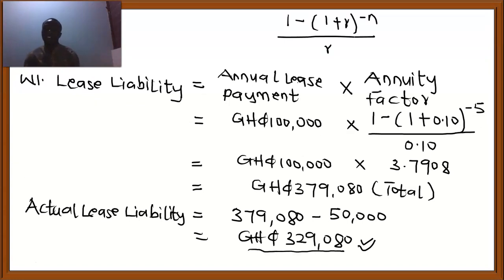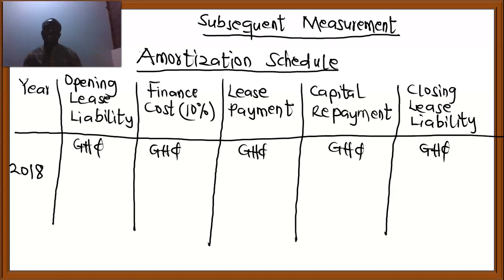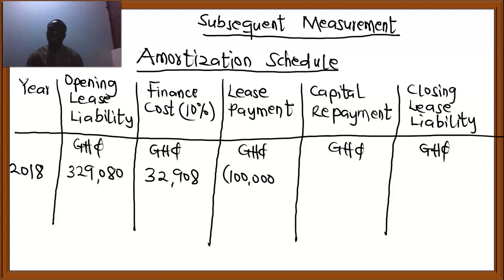So we begin with 329,080. Then we find 10% of this amount, that gives us 32,908. The annual lease payment, we are told in the question, is 100,000. It's an outflow, so we put it in brackets.